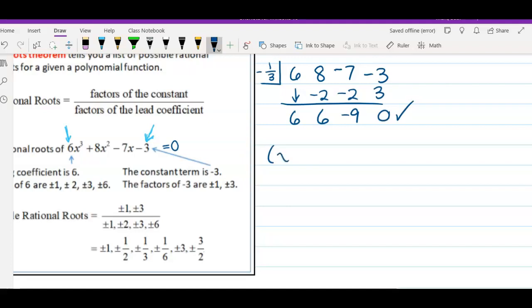So now I know x plus 1/3 is one of the factors, and my remaining polynomial is right here, 6x squared plus 6x minus 9. This I could factor.